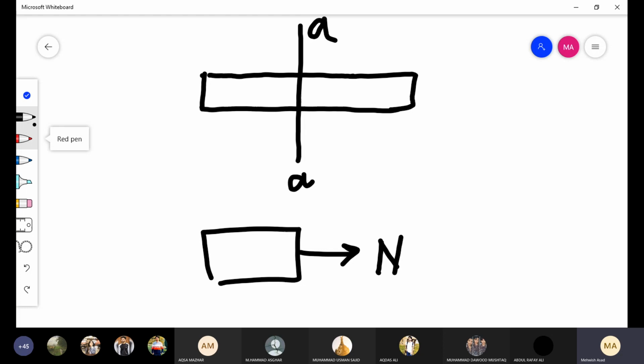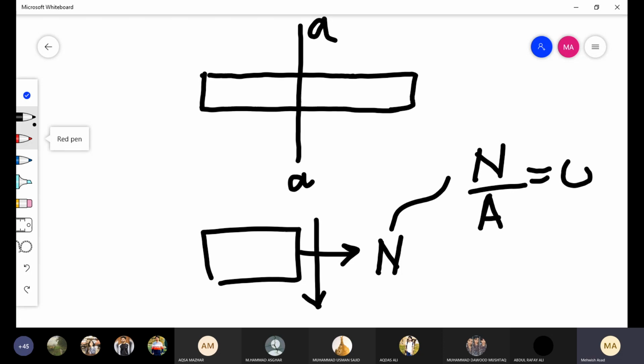This is the normal force acting perpendicular to the plane. This is the shear force acting parallel to the plane. So the normal force divided by its perpendicular area is normal stress, symbolically represented as sigma.